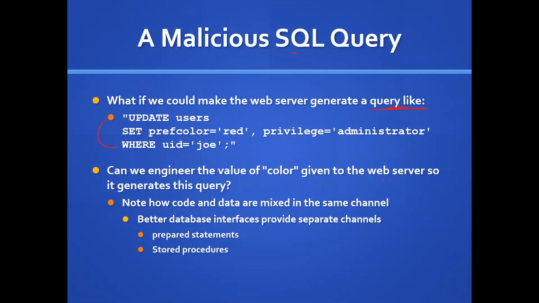In this particular case, Joe. Are you trying to give Joe administrator privileges? Exactly, that's what you're trying to do. You're trying to change the code so that you could give Joe administrative privileges. Exactly right. That's the goal.